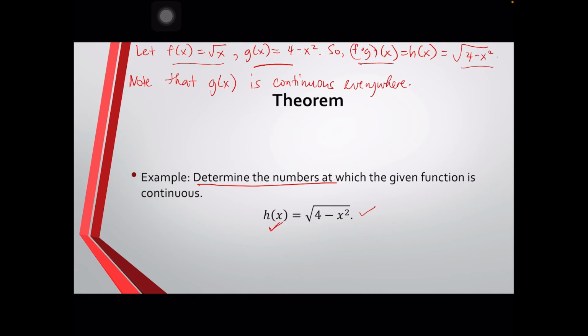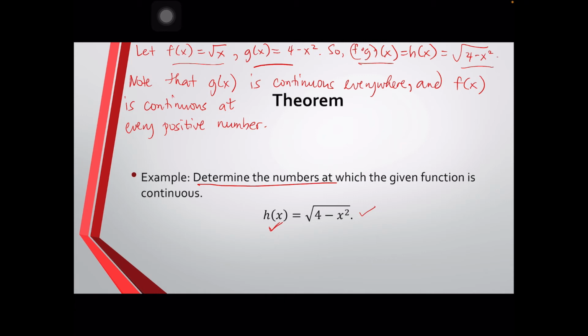So let's write the restrictions: our f of x is continuous at every positive number, right? We can only consider positive numbers for f of x here.